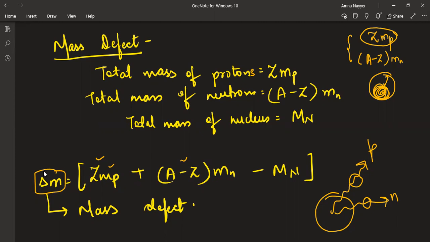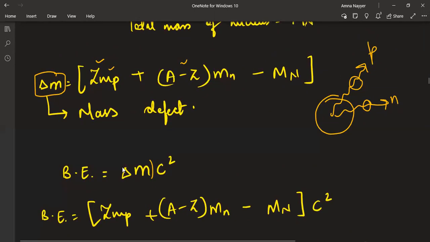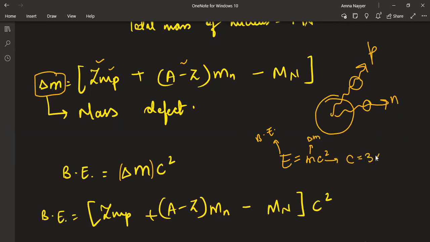Once the mass defect has been calculated, multiply it by c squared. It is similar to E equals mc squared. Here the energy becomes binding energy, the mass becomes the mass defect, and c is still the speed of light, 3 into 10 to the power 8 meters per second. Based on this, binding energy equals delta m c squared.